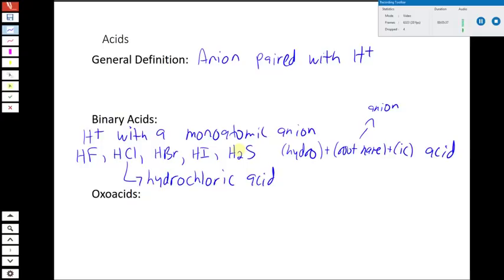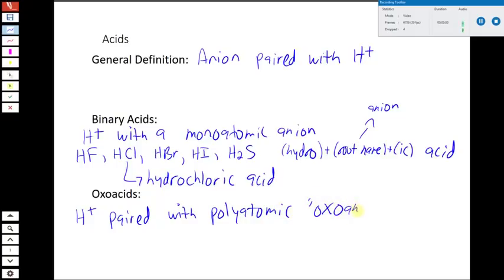The other type of acid is called an oxoacid, and this is going to be H plus paired with a polyatomic ion. Now, if you've studied your polyatomic ions yet, you'll notice that most of them are going to be some central atom surrounded by oxygen, so they're what we call oxoanions, meaning they have one or more oxygen atoms in the formula.